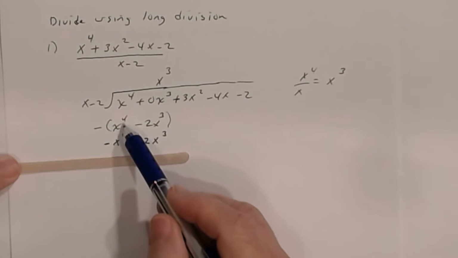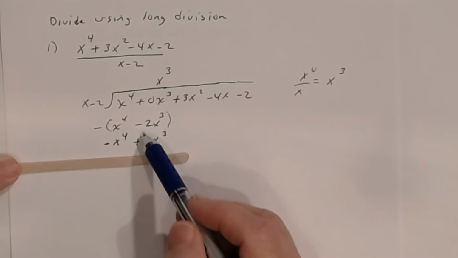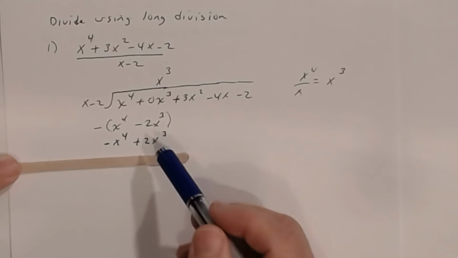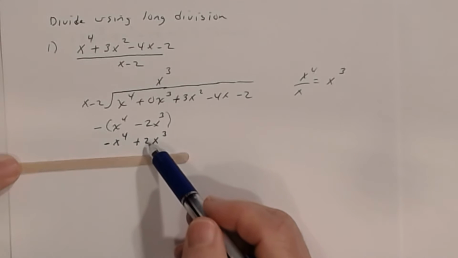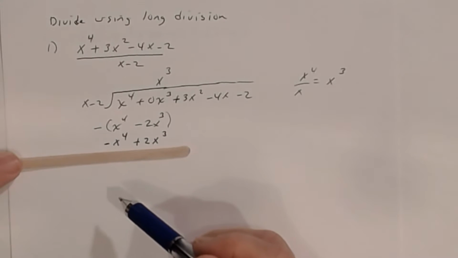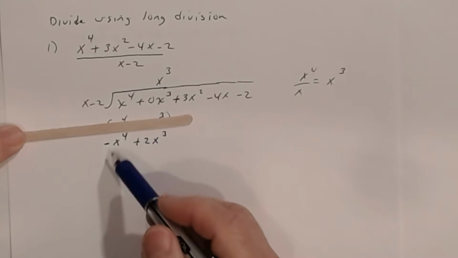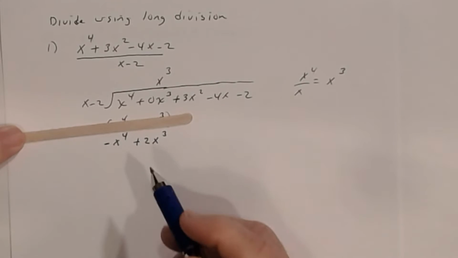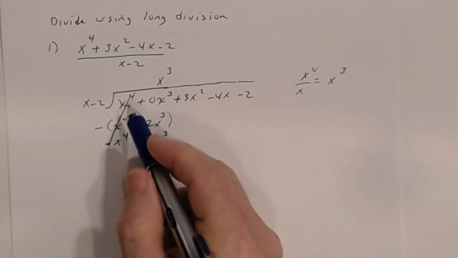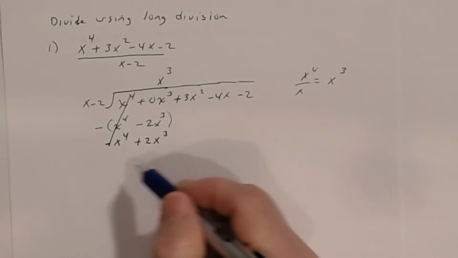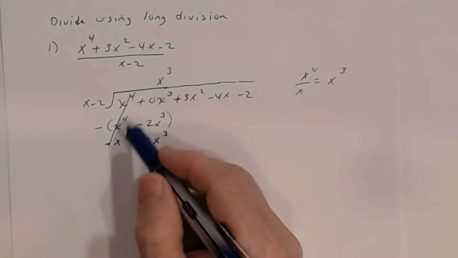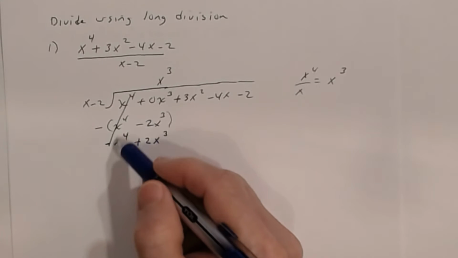These are the opposites of the terms inside the parentheses. Negative x to the fourth is the opposite of x to the fourth. Positive 2x cubed is the opposite of negative 2x cubed. And then all you do now is add those. So x to the fourth and a negative x to the fourth is 0. You're going to notice as you go through the process that when you repeat this, the first terms will always add up to be 0.